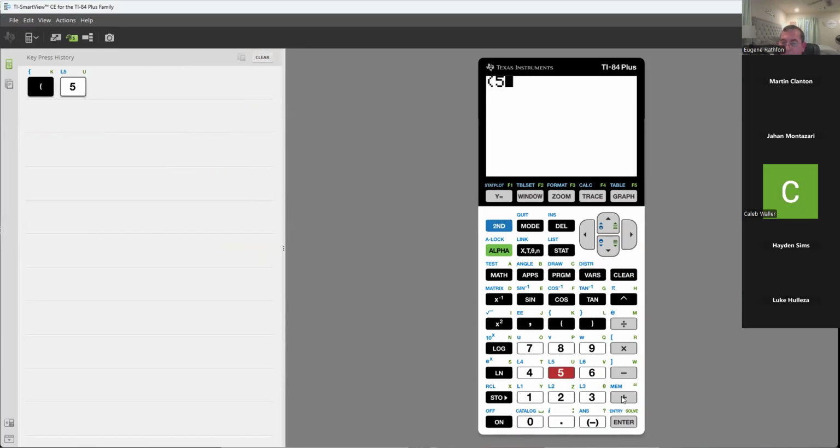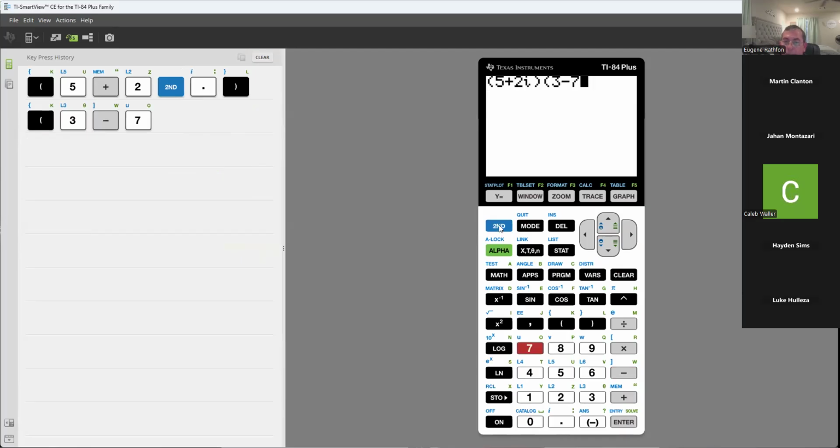Parentheses, 5 plus 2, second decimal for the i, and then open parentheses, and then do 3 minus 7i, close parentheses. When you hit enter, you get 29 minus 29i. So this will FOIL those out for you on 2, 3, and 4.